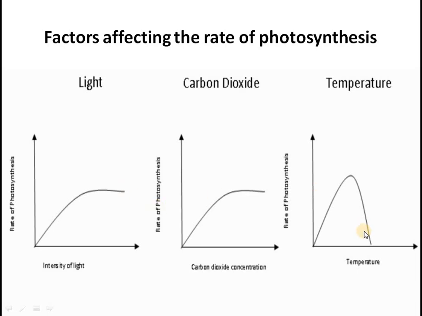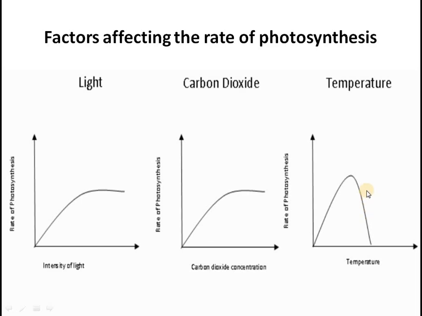On the other hand, if you look at the temperature graph, it is increasing and then decreasing. Increasing because of the higher kinetic energy of the molecules, while it is decreasing, like I told you in the previous lesson, because whenever you increase the temperature, the enzymes involved in photosynthesis may denature.